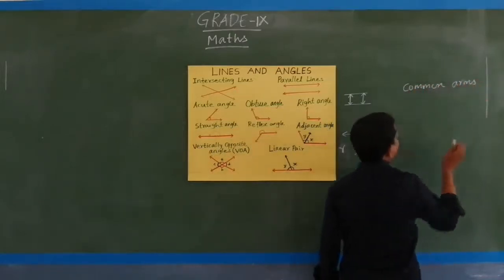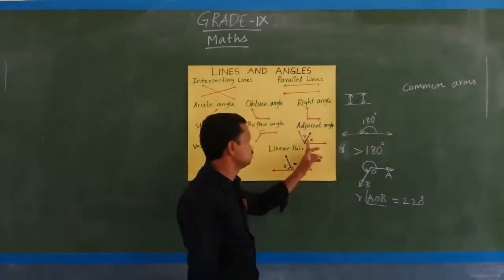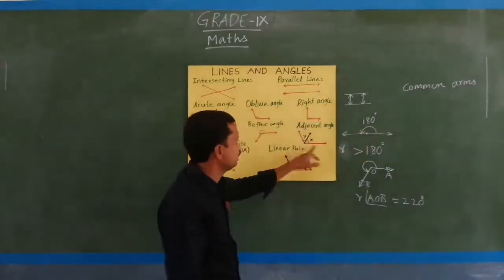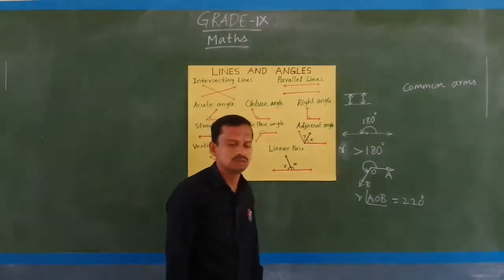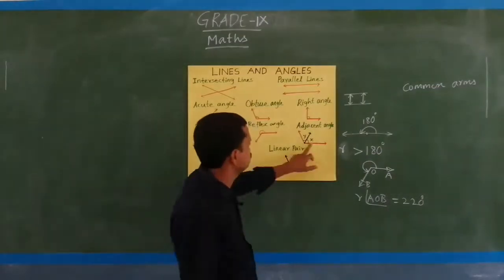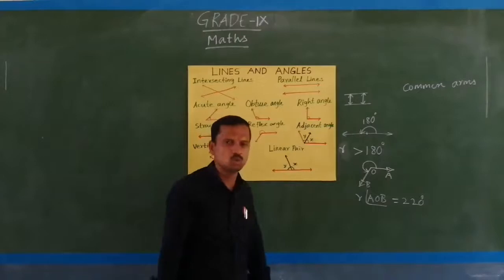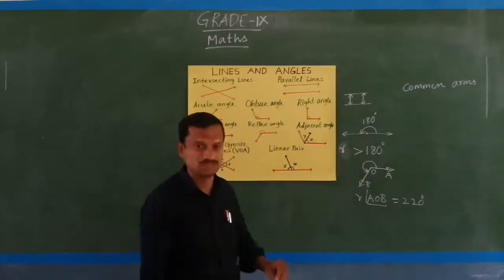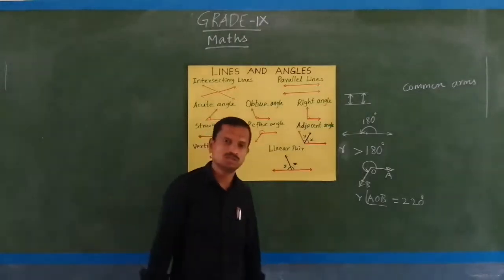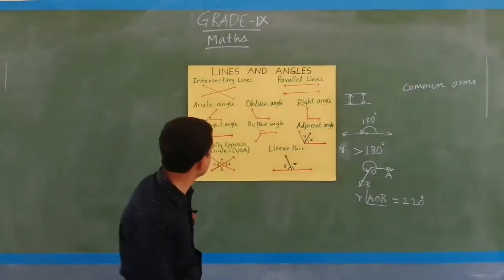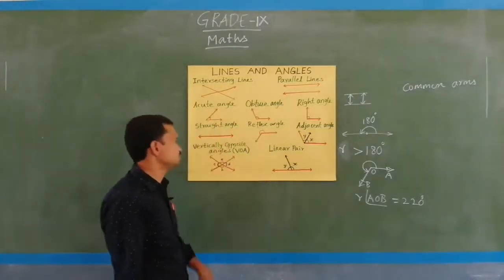This black one is the common arm, and on either side of it are the non-common arms. The small x and small y are two angles which are adjacent angles, nearby angles. And then vertically opposite angles.